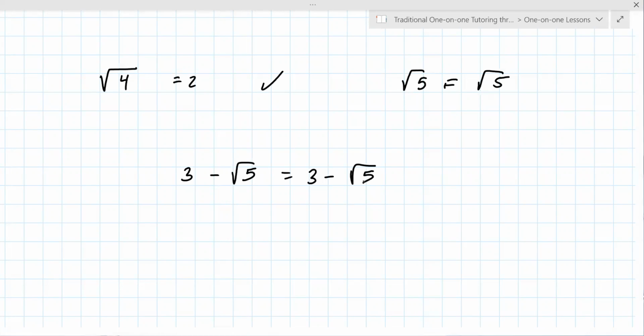There's no way to change it to make it better than what it currently is. So write it in front, and keep the square root if it cannot be reduced.